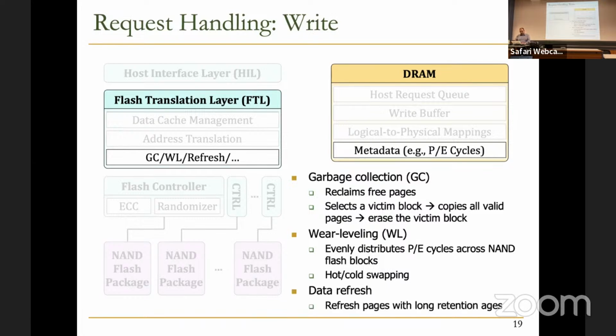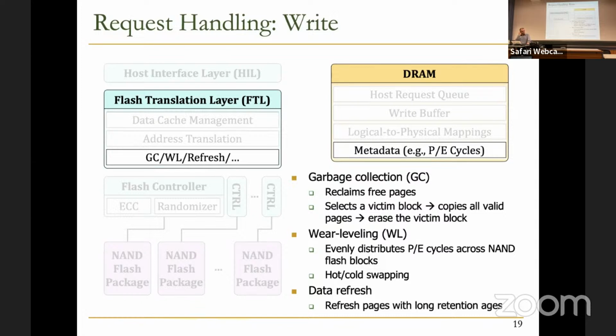Another operation is data refresh, which is not happening so frequently. You know that for DRAM, we need to refresh very, very frequently because it loses charge. But in flash memory also, we need to do that. We're going to learn about it more tomorrow. But at some point, you need to refresh pages with long retention ages, for example, every month or every year, depending on your technique.